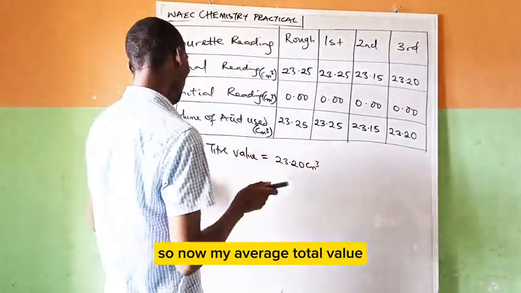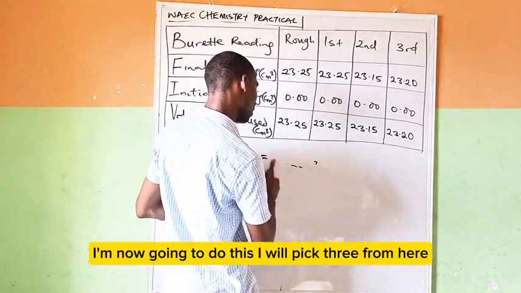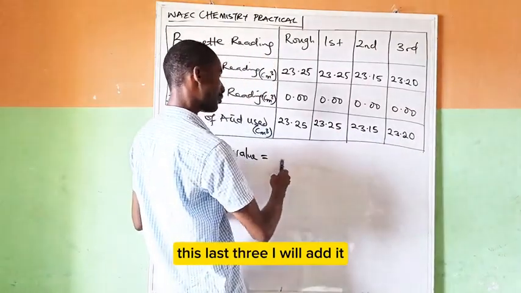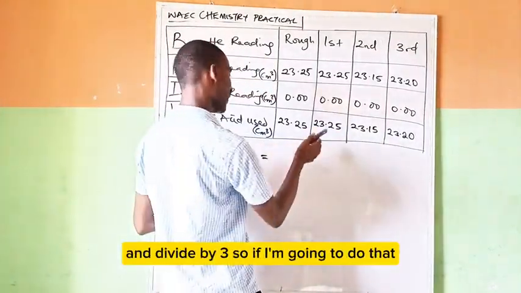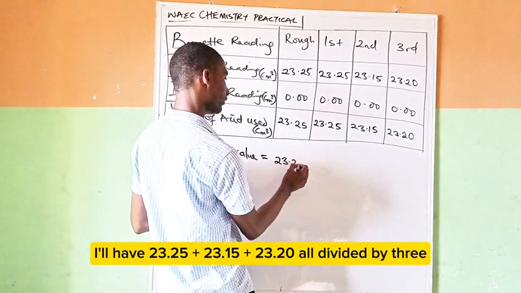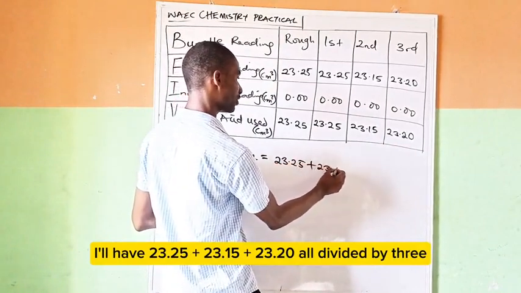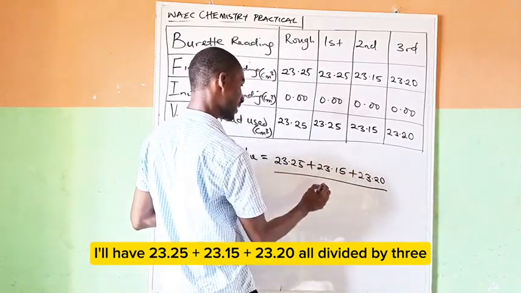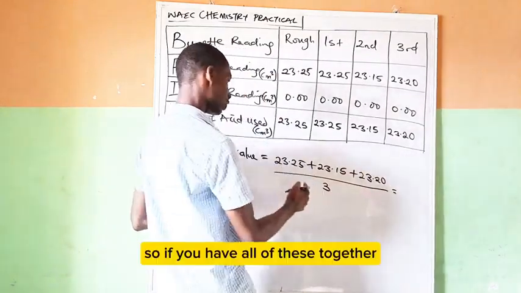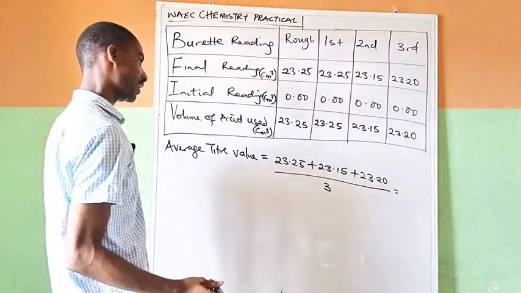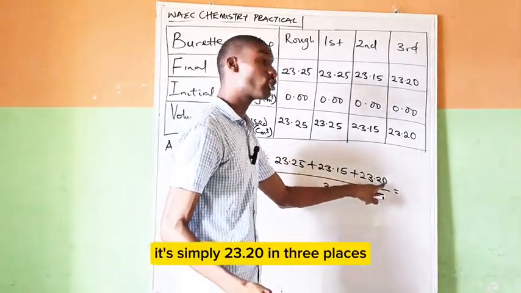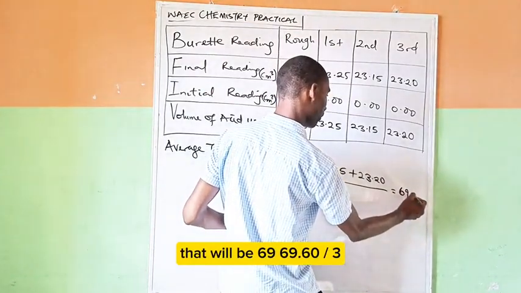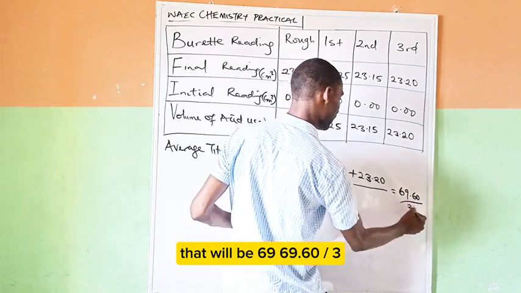Now for my average titer value, I will pick the last 3 from here, add them and divide by 3. So I'll have 23.25 plus 23.15 plus 23.20, all divided by 3. If you add all of this together, it's simply 23.20 in 3 places, that would be 69.60 divided by 3.